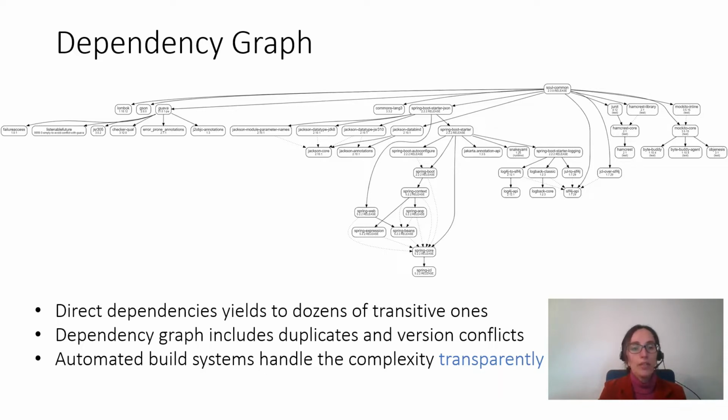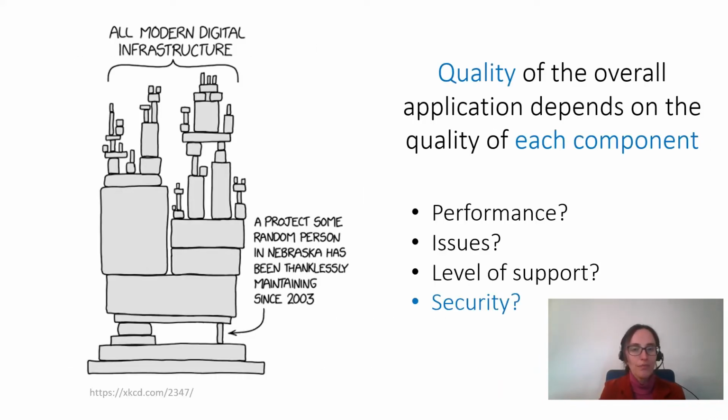And as you may imagine, this graph will have duplicates, conflicts, and a level of complexity that is usually handled by automated build systems. So tools like Maven or NPM handle all this complexity in a transparent way for the developer. But does this mean that there is no issue? Of course not. This is another view of an application that clearly shows how fragile the entire system is.